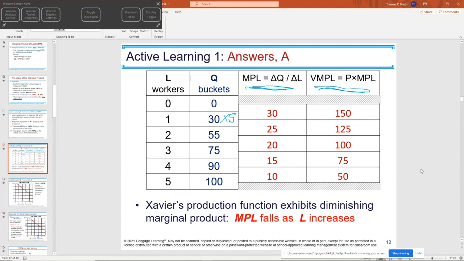30 times 5 is going to give us what? 150. Five times 55.